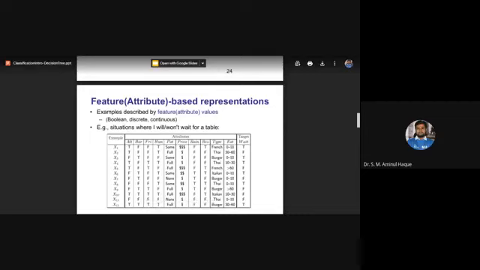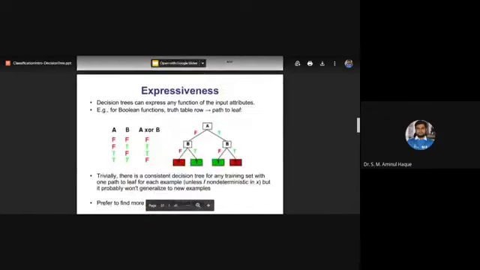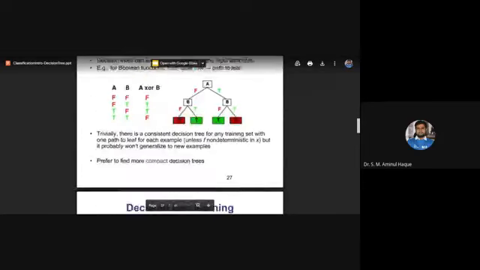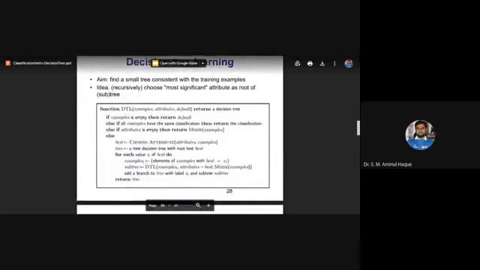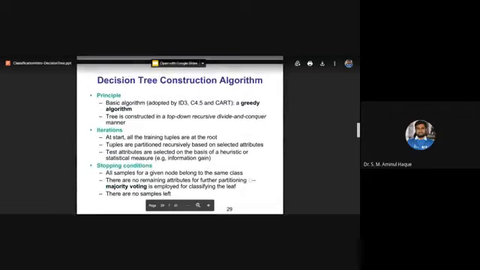That is the question, right? So to do that, we have some formulas. We have entropy, and we have some calculations that help us to determine that. We'll just have a quick look at that.